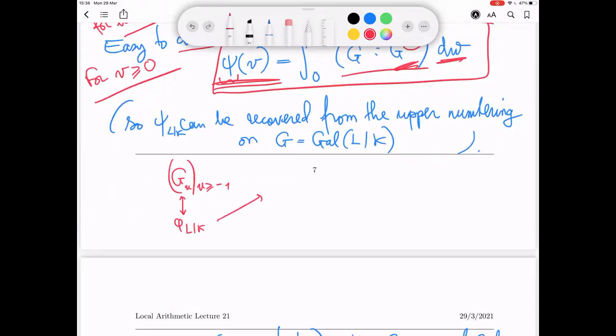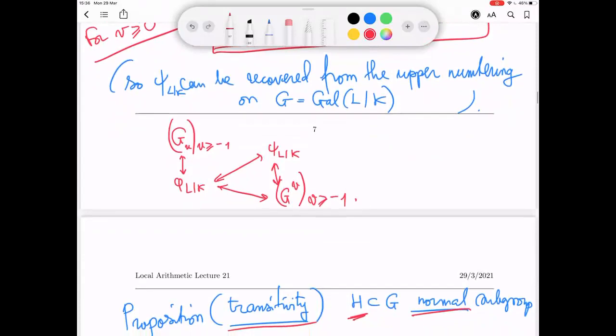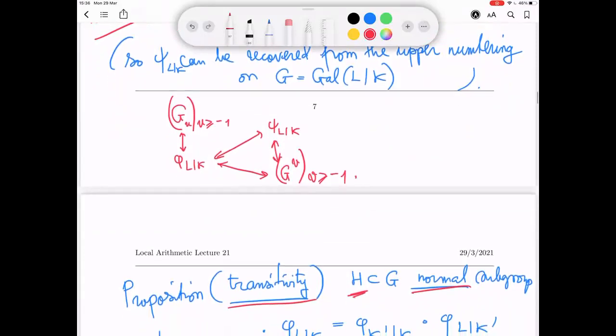And then in terms of this, I defined psi L over k. And also the upper numbering. Okay, so there are these four things which carry really the same information, but they are convenient for different purposes.